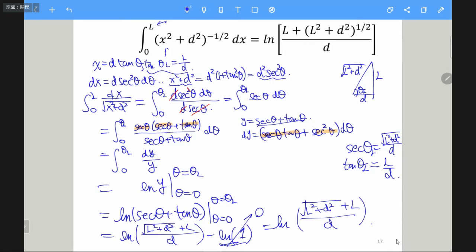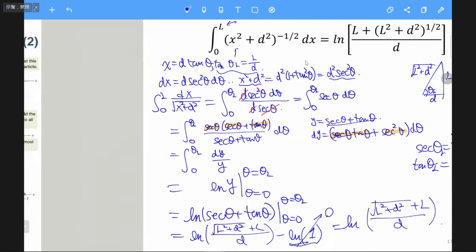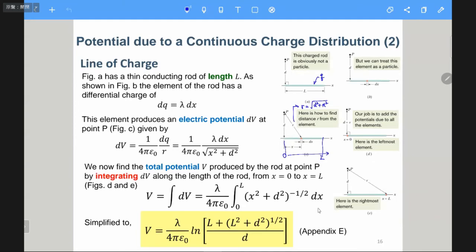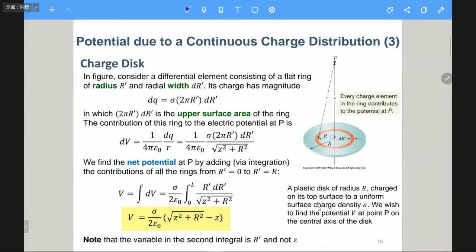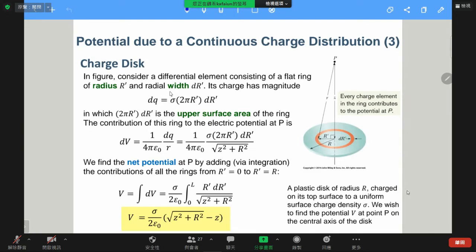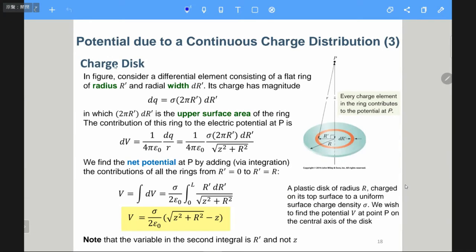So we pretty much derived this equality. Next we will consider the potential due to the continuous charge disk.